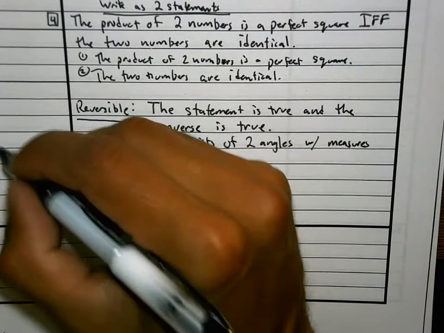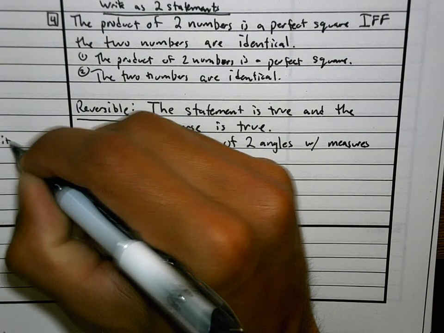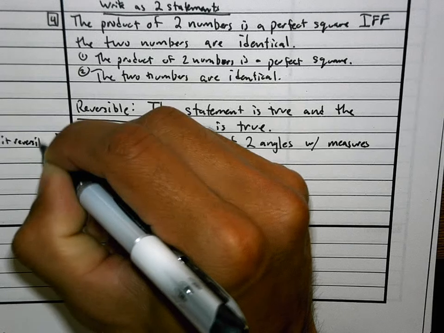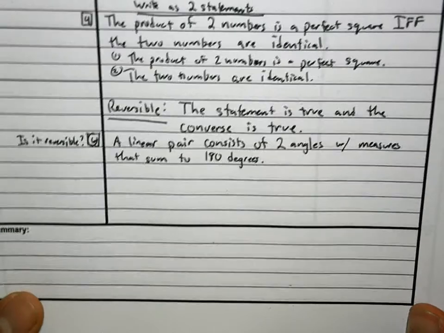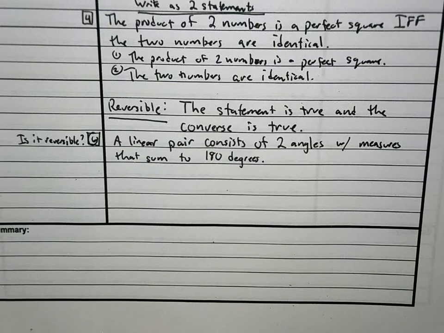And the question is, is it reversible? A linear pair consists of two angles with measures that sum to 180 degrees.